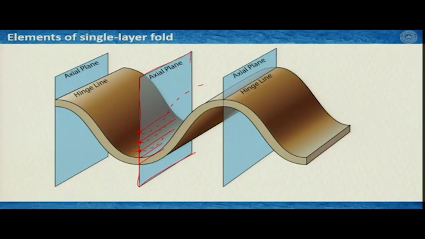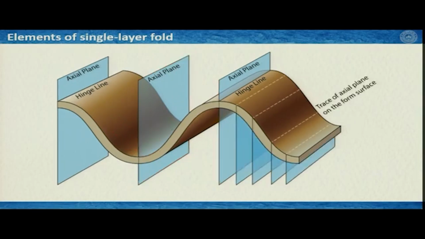This surface is known as axial surface or axial plane that essentially has to pass through the hinge line. Now, you can construct a series of planes parallel to the axial plane. So, this is your hinge line, and these parallel axial planes would intersect on the fold surface. So, you can see this axial plane is essentially passing through the hinge line. Of course, this is how it has to be.